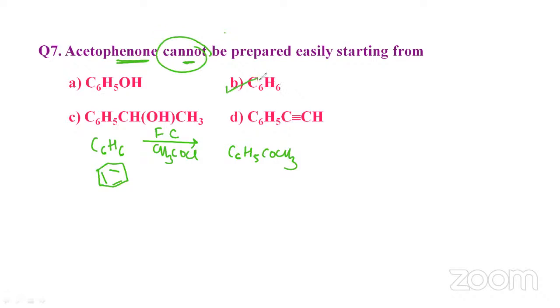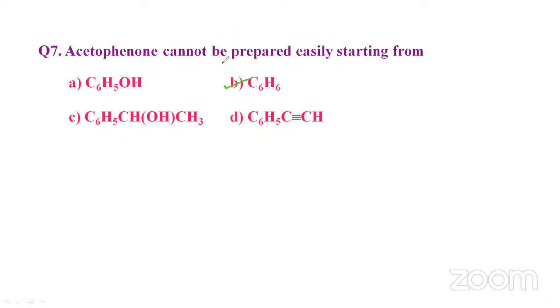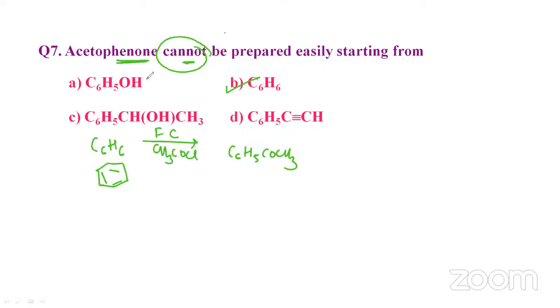So we have seen this reaction, and this can be prepared. Next we'll see whether the next one can be prepared or not. C6H5 CH OH CH3 undergoes oxidation.